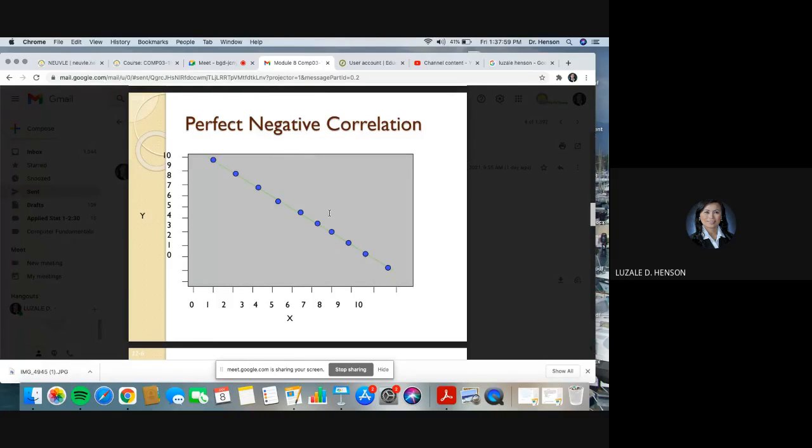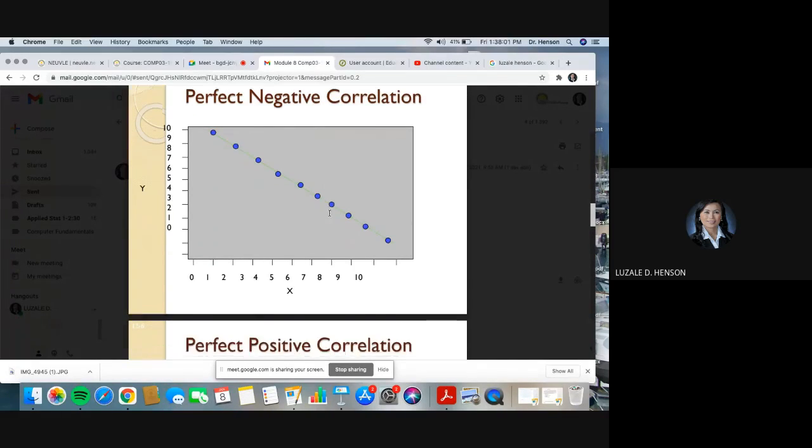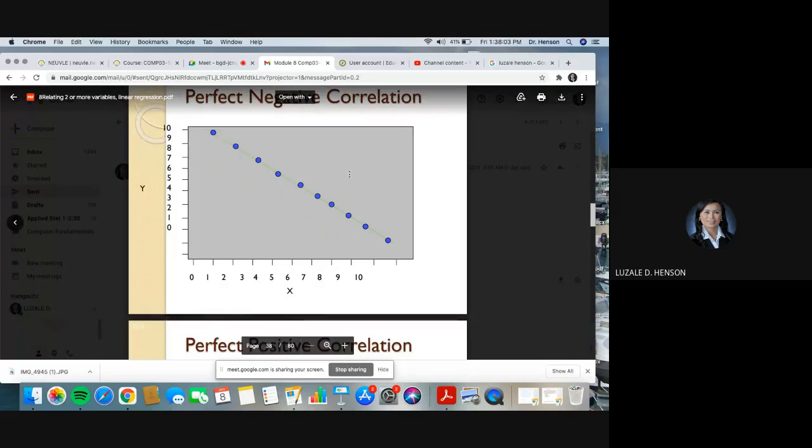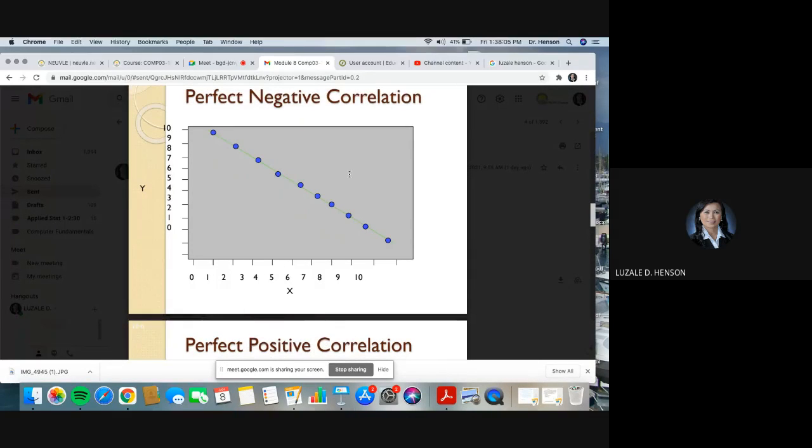Okay? Perfect negative. An example of this is, because it's known that cigarettes can cause, let's say, regress your health, because it could cause lung cancer or emphysema.